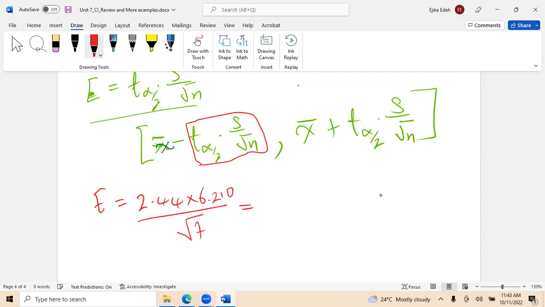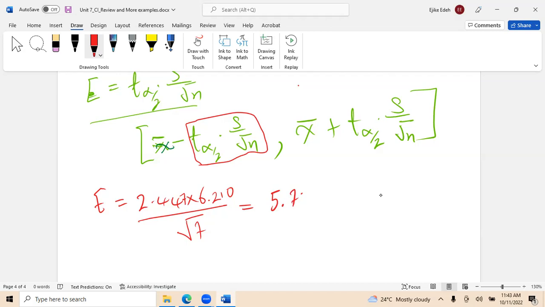So let's see what it is. We have 2.447 multiplied by 6.210 divided by the square root of n, which is 7. What do you have? I got 5.718. I got 5.743.